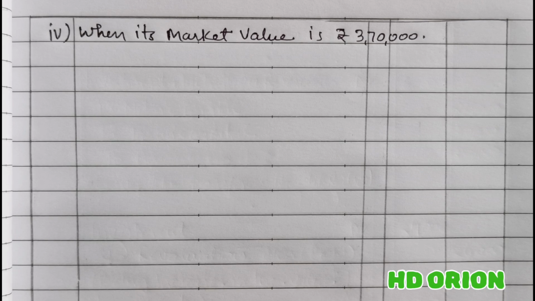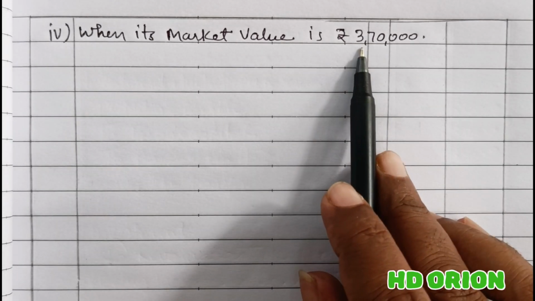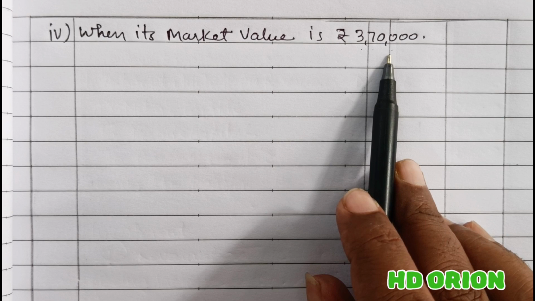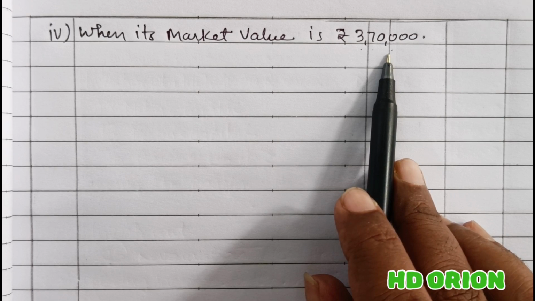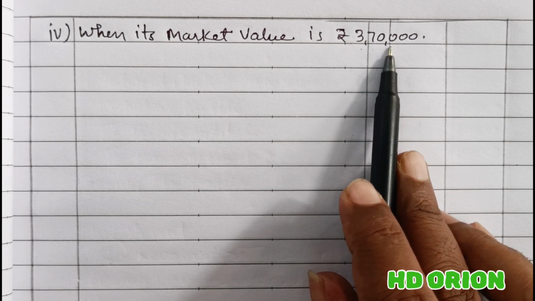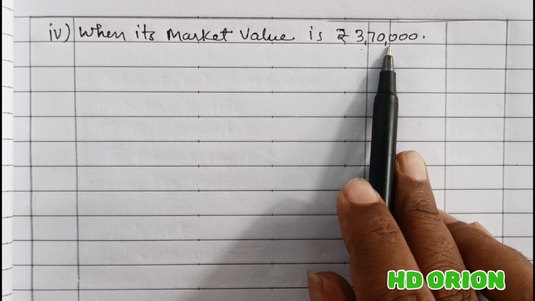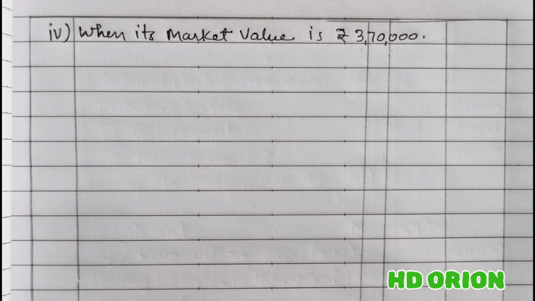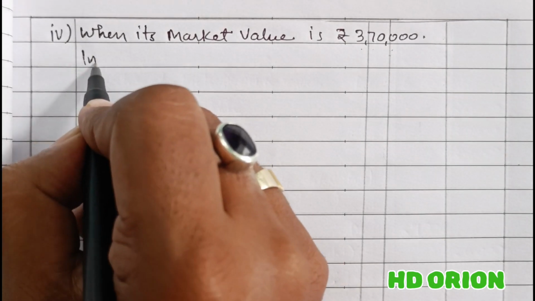Now fourth case is when its market value is rupees 3,70,000, which is 30,000 rupees less than the book value. In the books it is written 4 lakh, and now it is 3,70,000. So there is a loss in the investment of rupees 30,000, which can be easily compensated from investment fluctuation reserve, which maintains a balance of rupees 60,000.